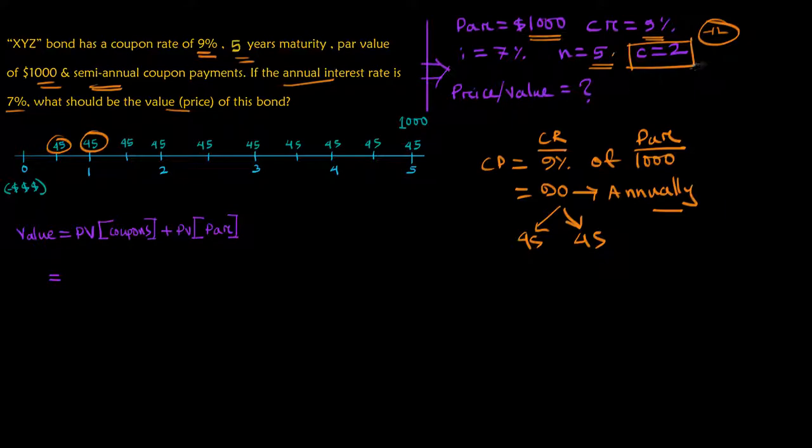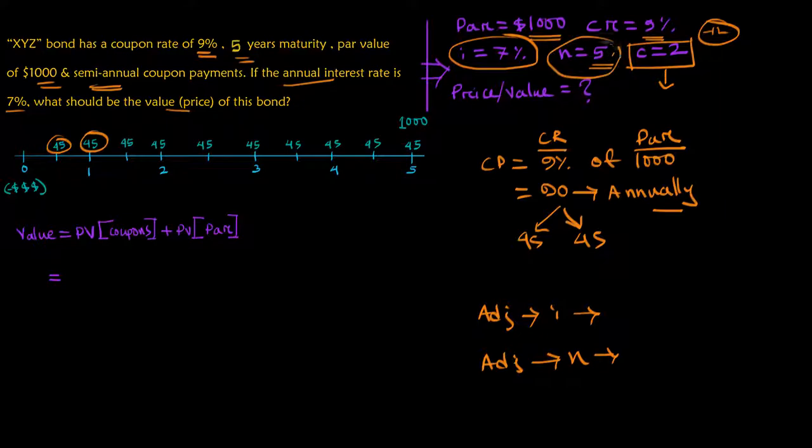Alright, now this is really important because we will be adjusting our interest rate and also adjusting our periods of payments based on this C, because what you have here, we have an interest rate of 7%, but this 7% is on annual basis, right? But our coupon payments are on semi-annual basis. Again, the period of 5 years is on annual basis, we need to convert it to semi-annual basis.